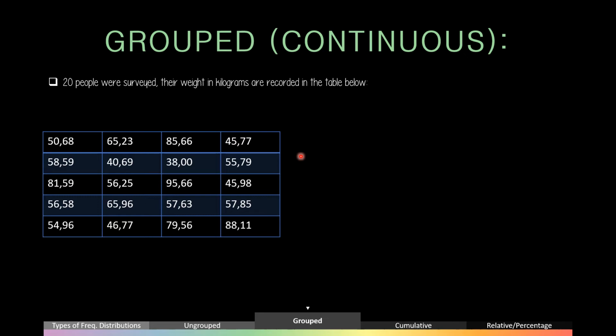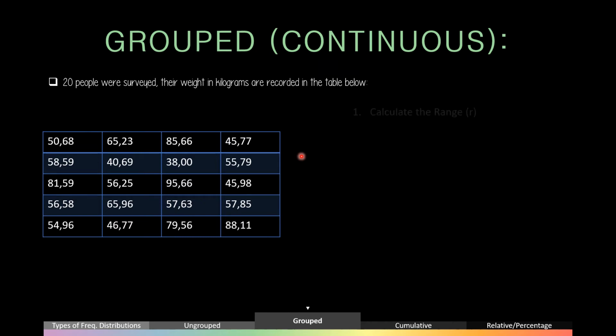So if you remember, I originally said that when we're working with continuous data, we need to come up with something called class boundaries. Now here's the catch. To come up with class boundaries, you first have to construct class limits. So we're going to go ahead and do this example exactly the same as we did for the discrete data. And then when we construct our class limits, I'm going to explain why we need class boundaries, and then I'll show you how to construct that.